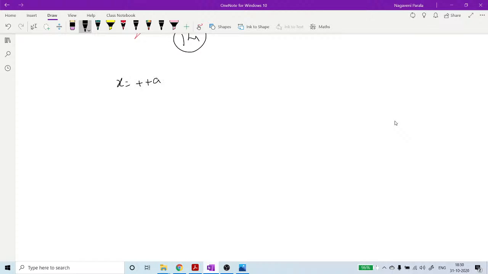When I give plus plus a, suppose a value is 5, plus plus a means a will be incremented. I am writing in the comment a equal to a plus 1. Its value will become 6, and if I give printf percent d a, definitely it is going to give the answer 6. There's no doubt in it.